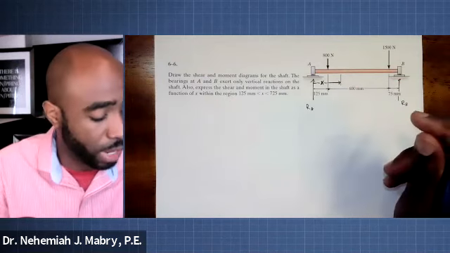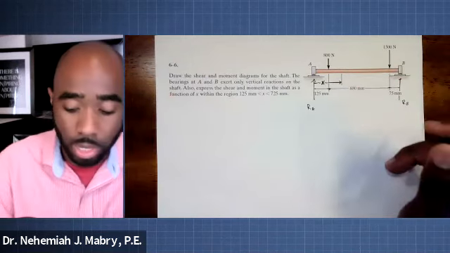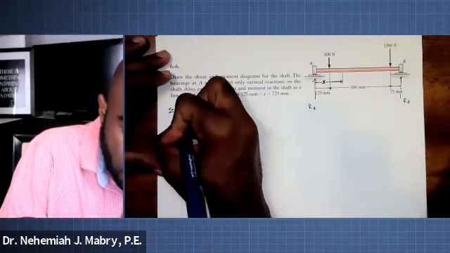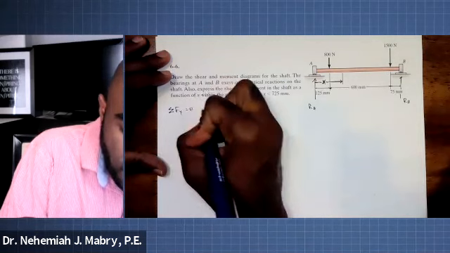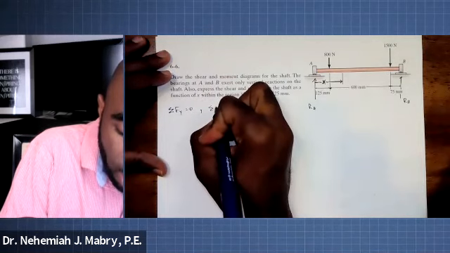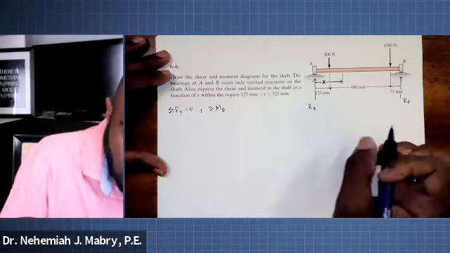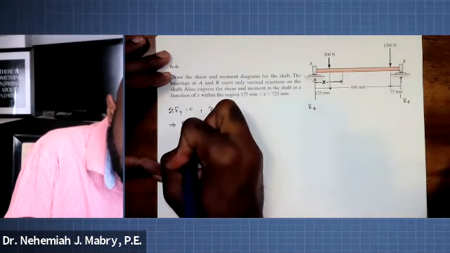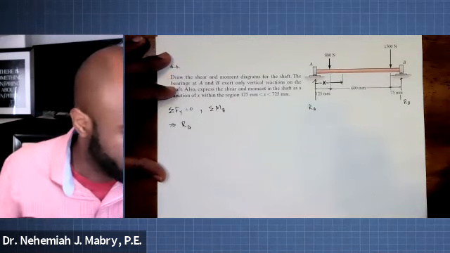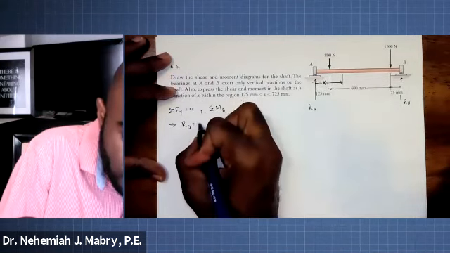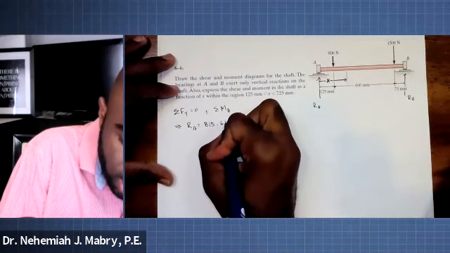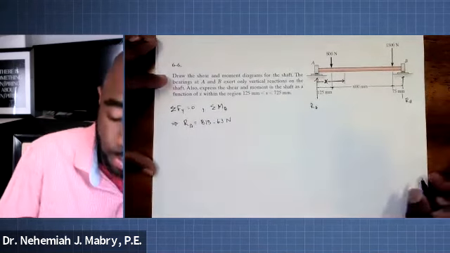So first, let's go ahead and find our reactions. If you were to sum the forces in the Y direction, and if you were to sum the moment, say about A, I'm just going to go ahead and cut to the chase and let you know that your RA, you all know how to do that, that's statics, your RA has a value of 815.63 newtons.